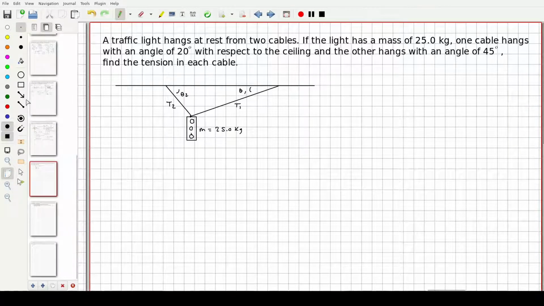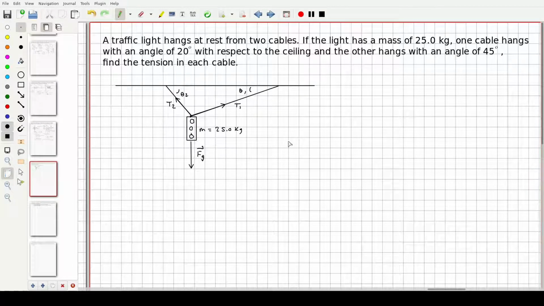All right. Now, you have tensions that are heading up the cables like that, right? But then you also have the force due to gravity pulling down on this thing. F sub G.